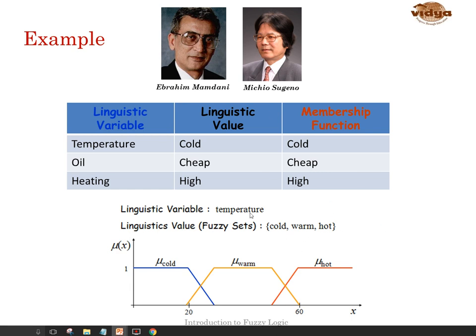The linguistic variable is temperature, the linguistic values are the fuzzy sets cold, warm and hot, and the membership functions give a value between 0 and 1 for each, and you can solve it.